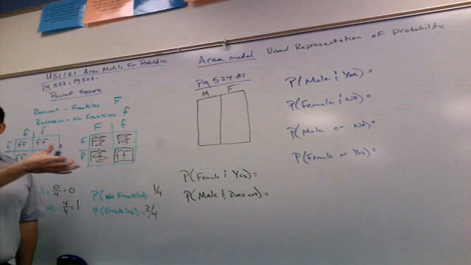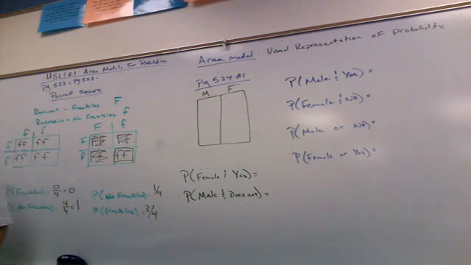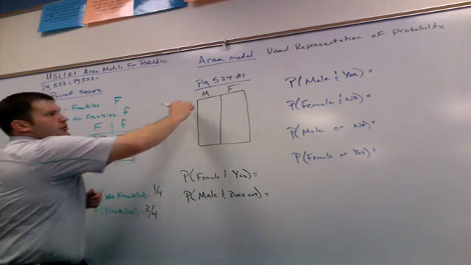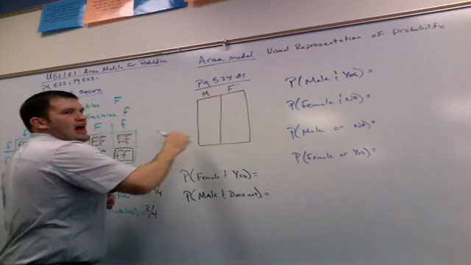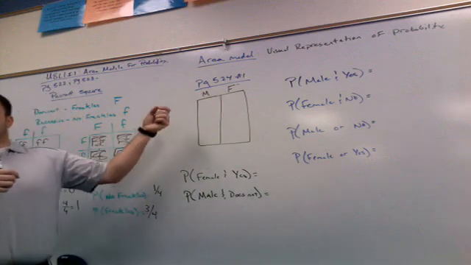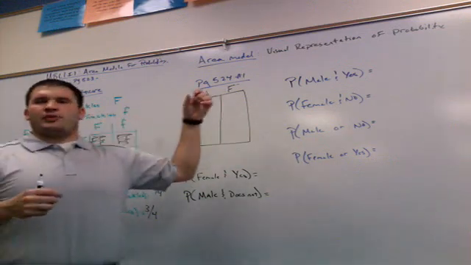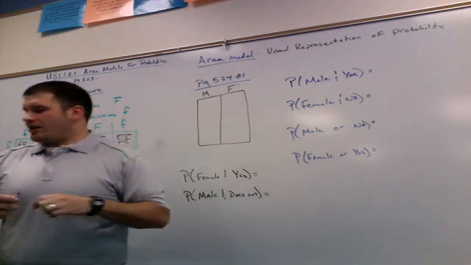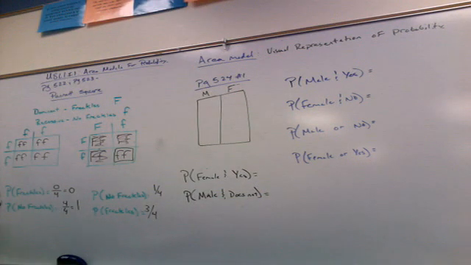So this is an area model showing us that half of the total population is male, and half the total population is female. We're on the page that has the two boxes on front, not the one that has the questions. The one that has the boxes on it. There you go.